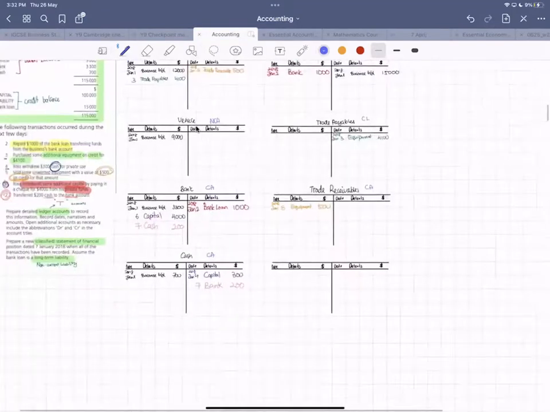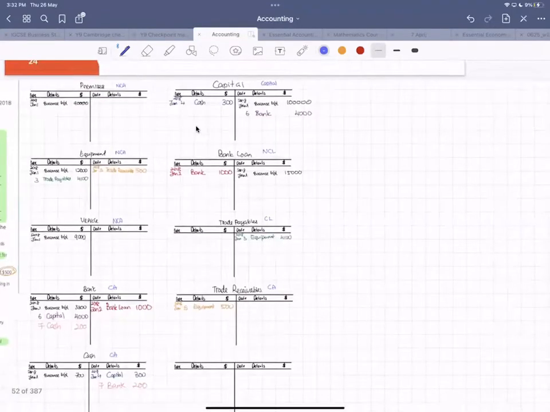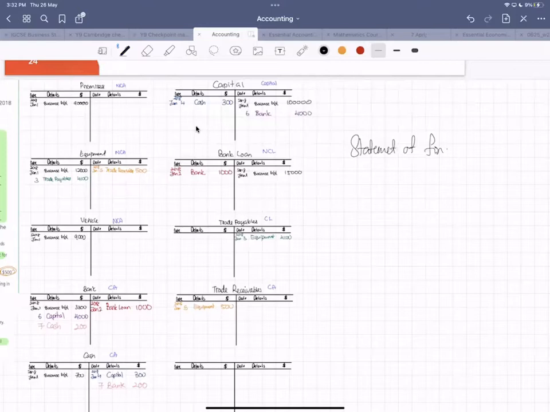So now we need to classify them in a statement of financial position. So now we need to put in non-current asset first. Non-current asset. We put it in here and we're going to label. The first one is premises. We're going to write all the name.